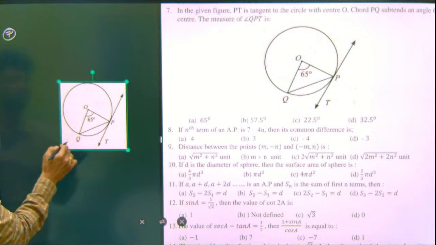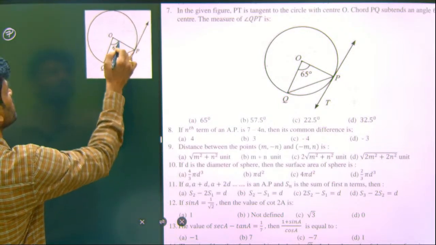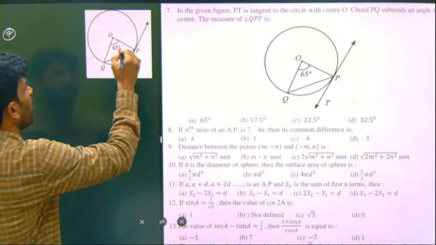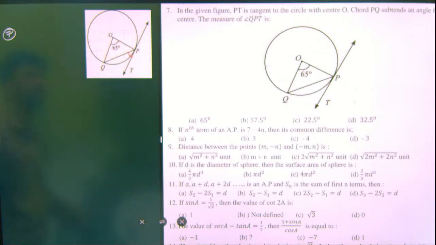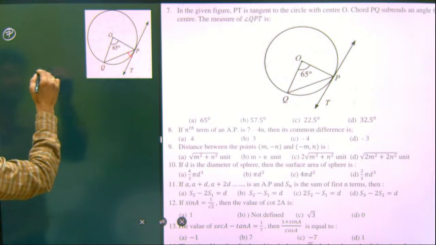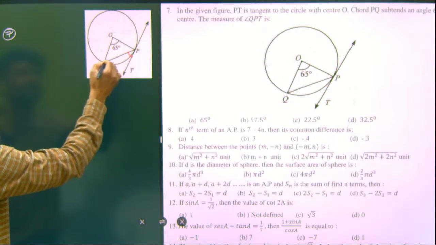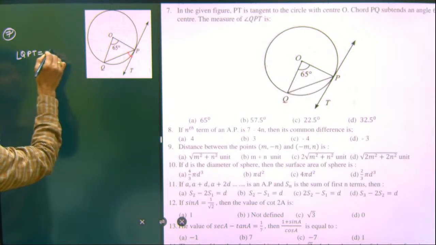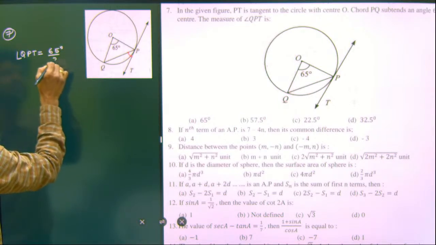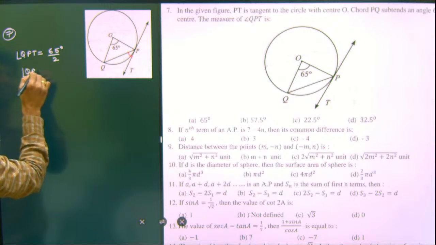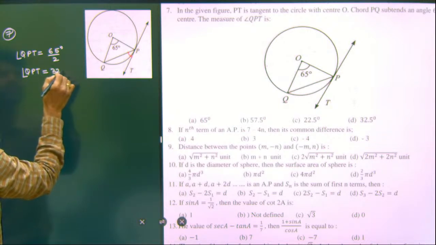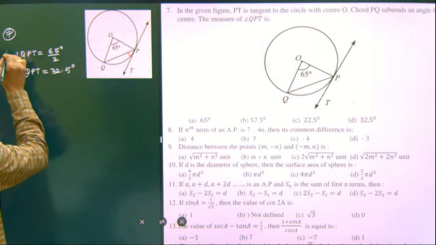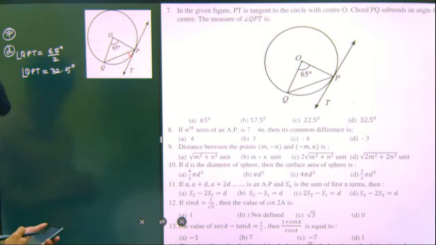Whenever question comes like this, I said here this angle is half of the angle at the center. So when angle at the center is 65 degrees, and what is the angle QPT? Angle QPT is half of 65. 65 degrees by 2. What is it? Angle QPT is equal to 32.5 degrees, option D. Question number 7.